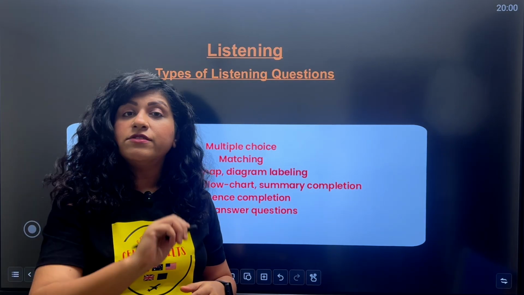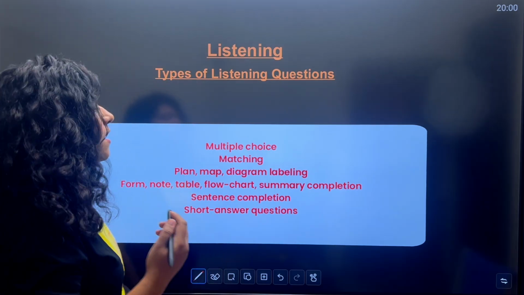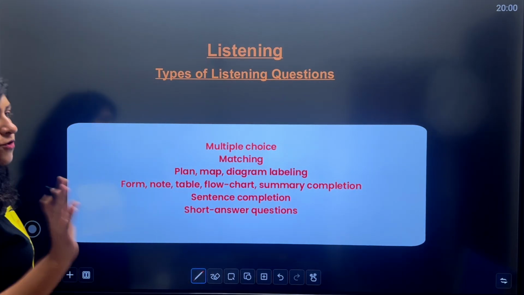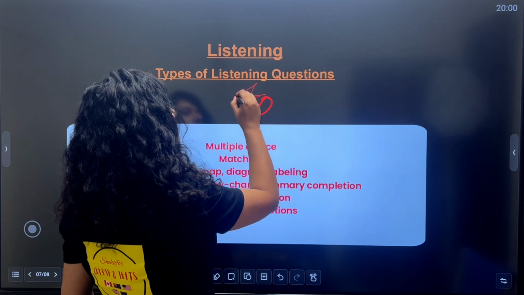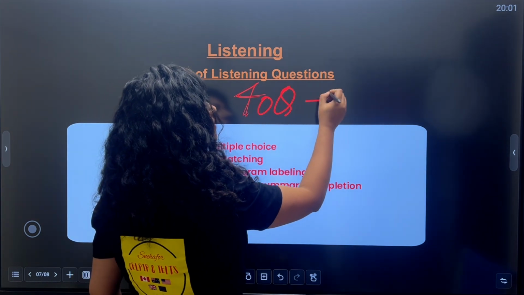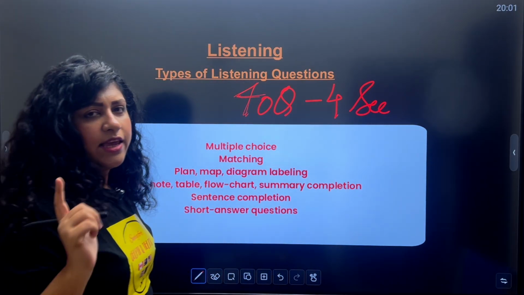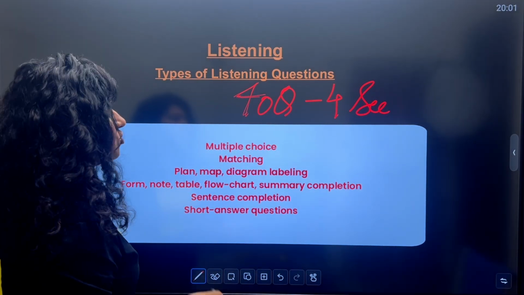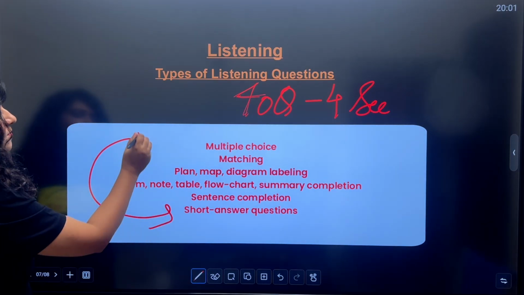So you have to solve them simultaneously when the audio is being played. There are a total of 40 questions divided in 4 sections. So that means each section has 10 questions.